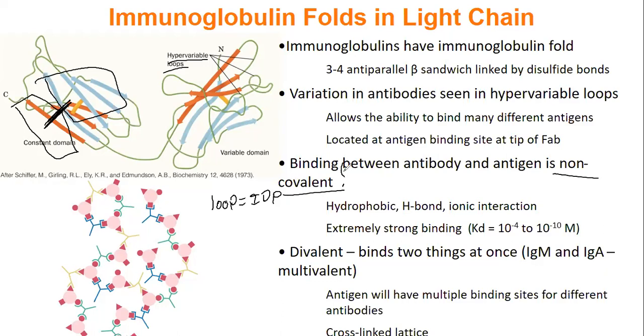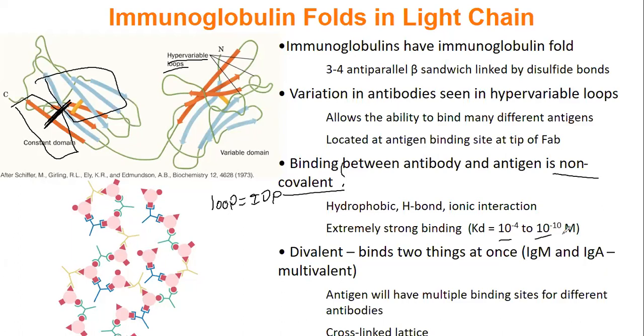And the binding of antibodies is extremely strong. I know these numbers probably don't make much sense to you, but anything that's 10 to the minus 7 or lower KD means this binds super strong. You only need nanomolar amounts of an antibody to bind your antigen. It has incredibly strong binding.